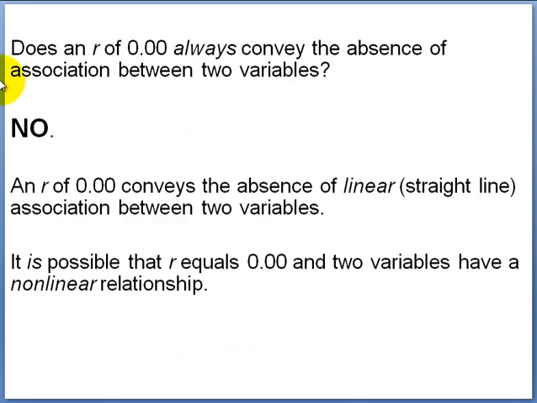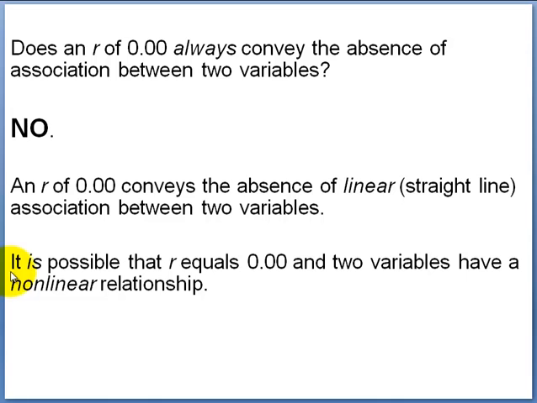We've talked about the fact that R is conveying linear relationship between two variables. So question comes up, and this relates to the exception that was noted in the prior video. Does an R of 0 always convey the absence of association between two variables? And the answer is no. What an R of 0 is conveying is the absence of linear, straight line relationship between two variables.